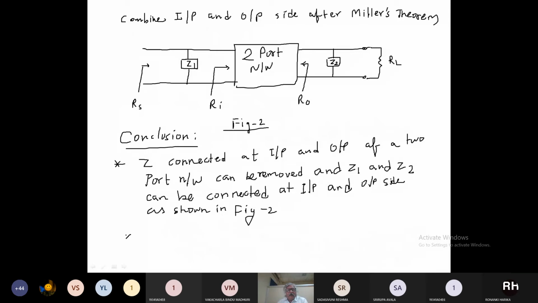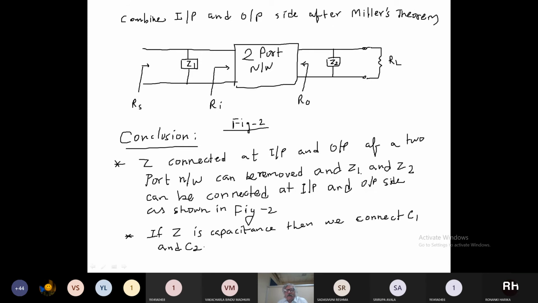And another conclusion we can write: if Z is a capacitance, then we connect C1 and C2 at the input and output side.